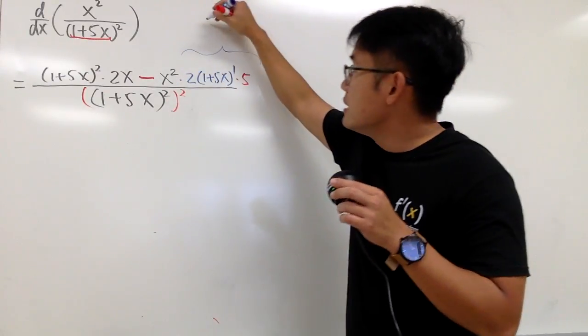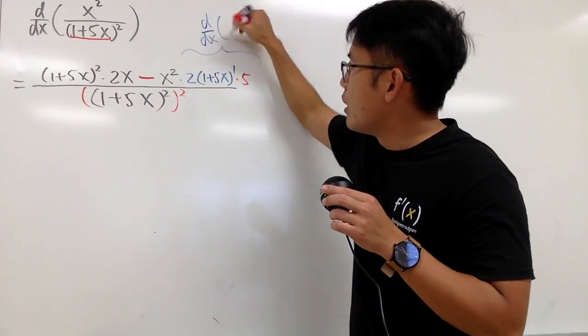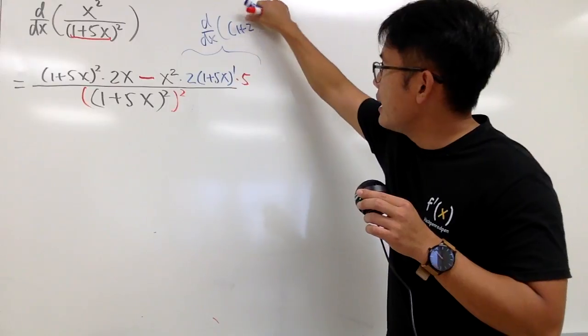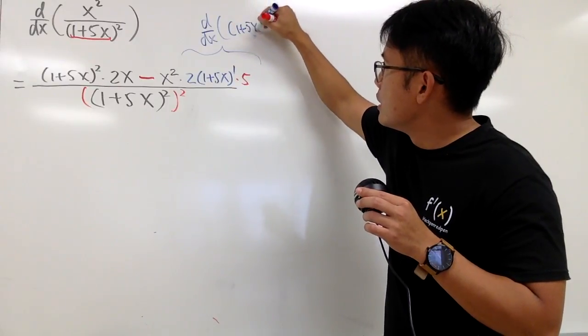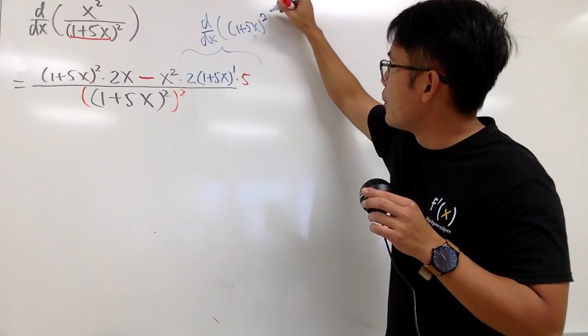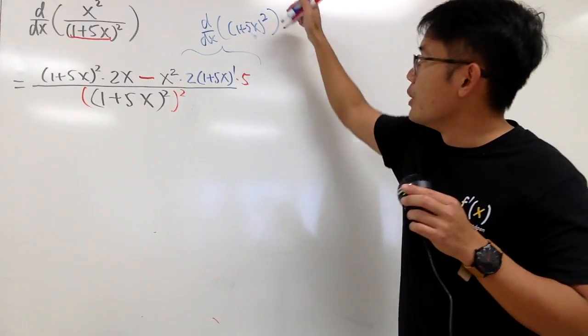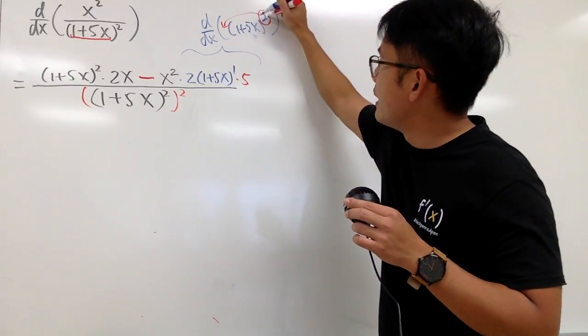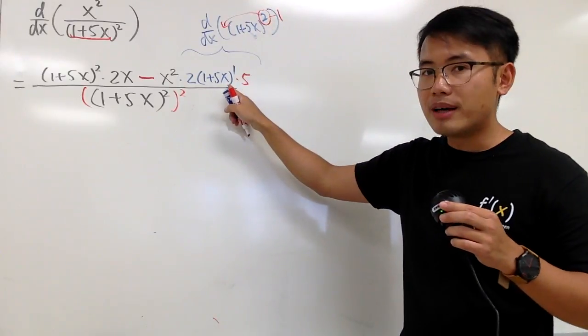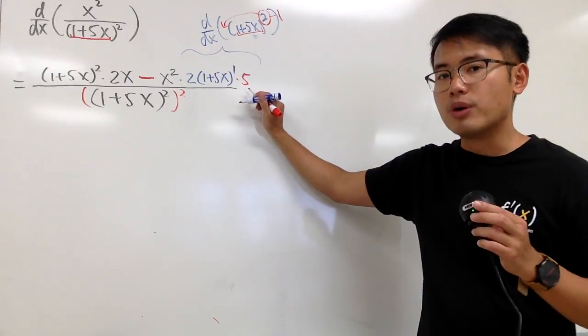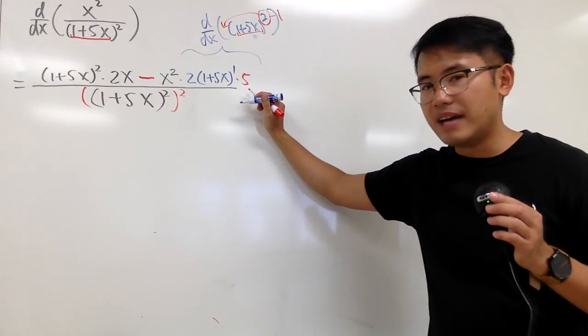This part is the derivative of the bottom function, namely 1 plus 5x to the second power, like that. And once again, we brought the power to the front, minus 1. That's how we got this part. And then we multiply by the derivative of the inside because of the chain rule. That's how we got this 5.